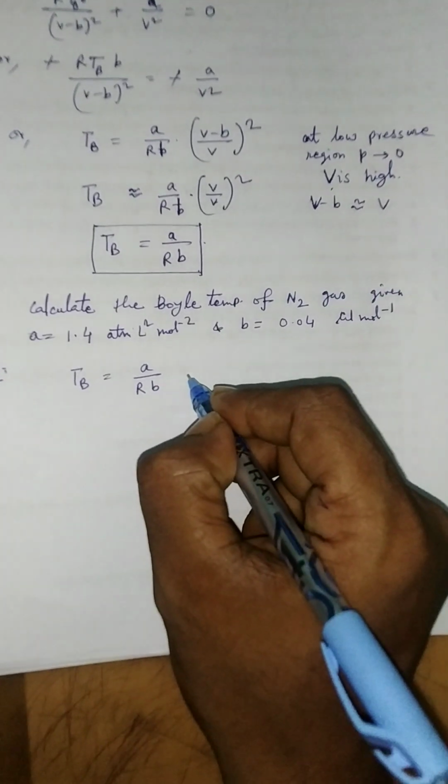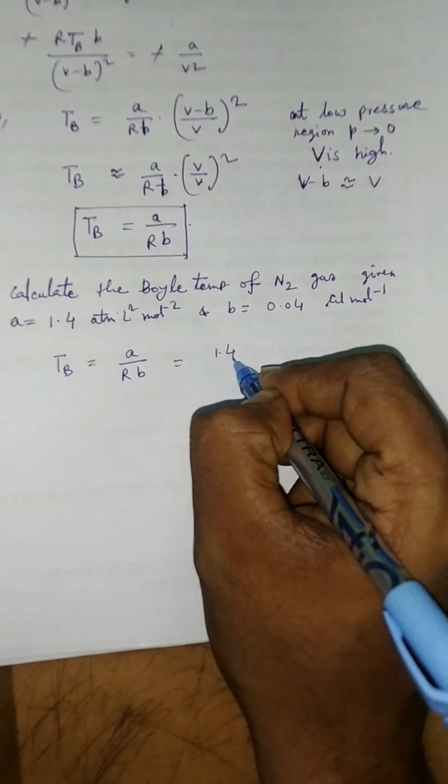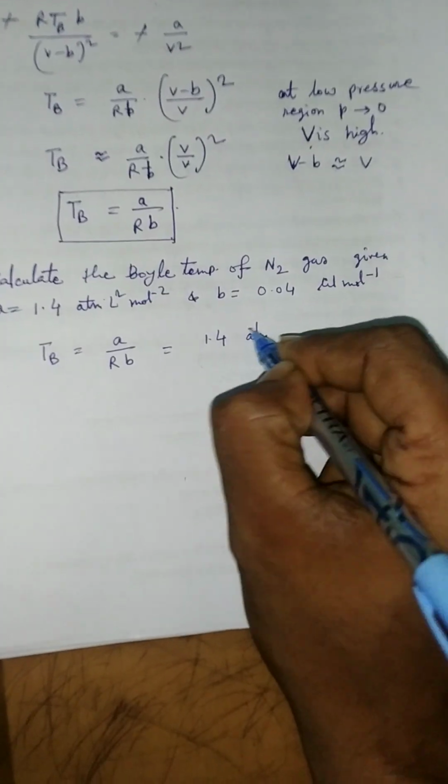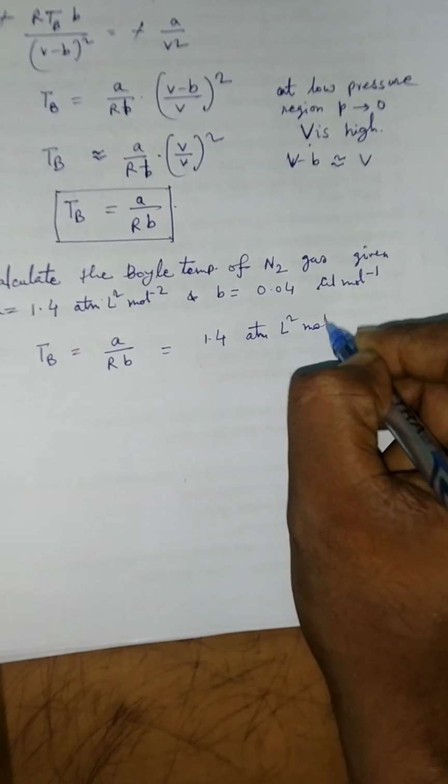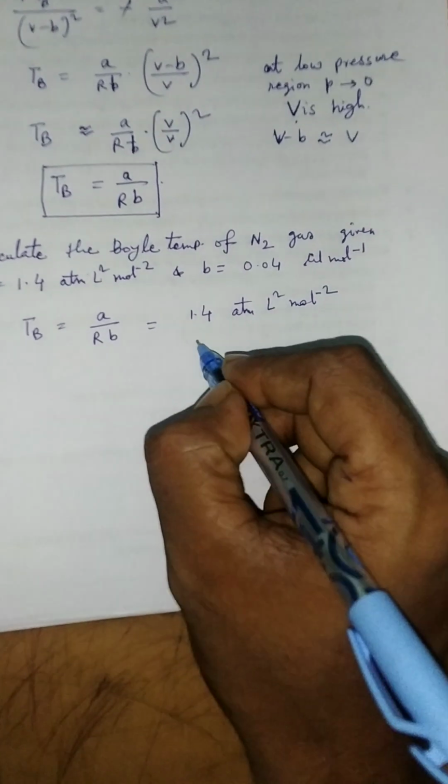Now here a is equal to 1.4 atmosphere liter square mole to the power minus 2.